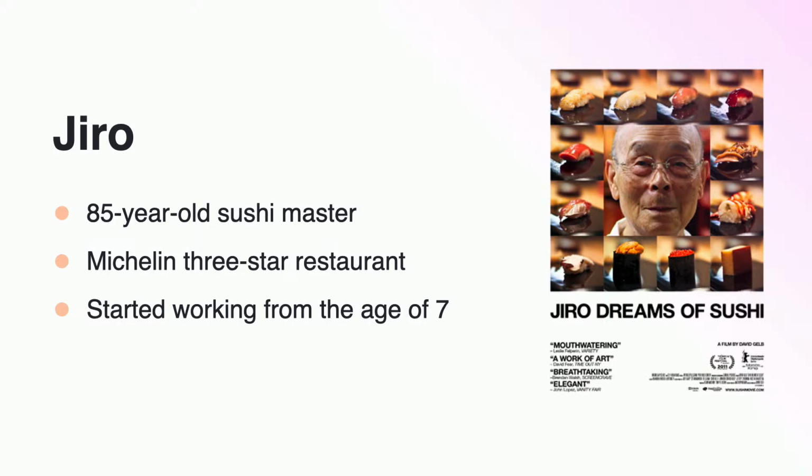It's really intense when you go through his journey, because even at age 85, when he's recording the documentary, he talks about how he still hasn't found and achieved perfection. But that's the journey. You're always building towards that. Even after making sushi for 60 years or more, you still haven't found that.